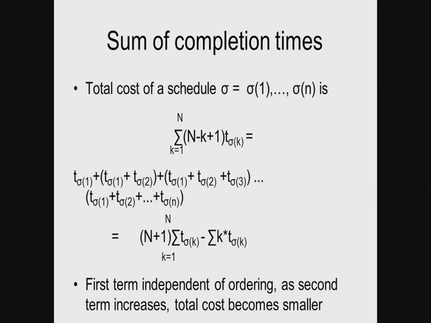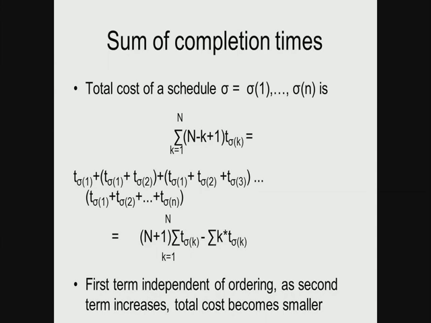Now let us look at the sum of the completion times. The sum of the completion times is written as a first formula where there are n jobs, and let us observe that the time taken by the first job, that is the job sigma of 1, will be counted.